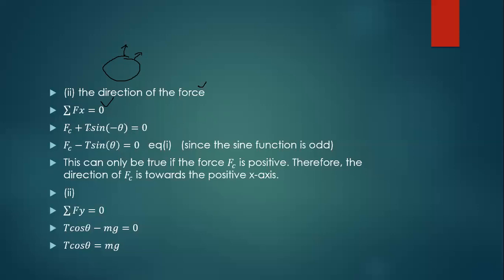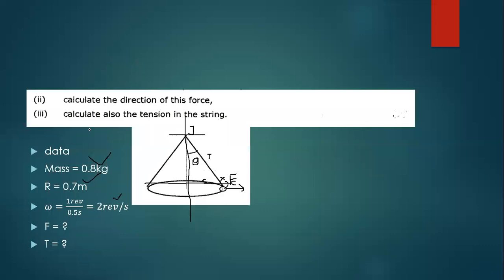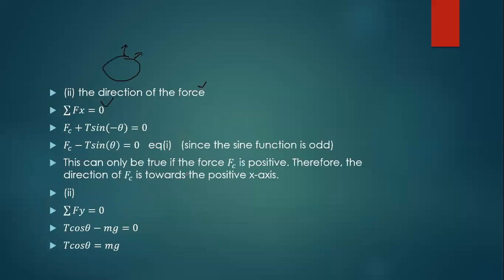Where is the T sine theta coming from? It is because this tension, whenever something has an angle attached to it, we know that it has also a component of it in the x-axis. So since tension has an angle attached to it, we know that tension also has some component in the x-axis. All right. So that's how come we have said T sine theta.